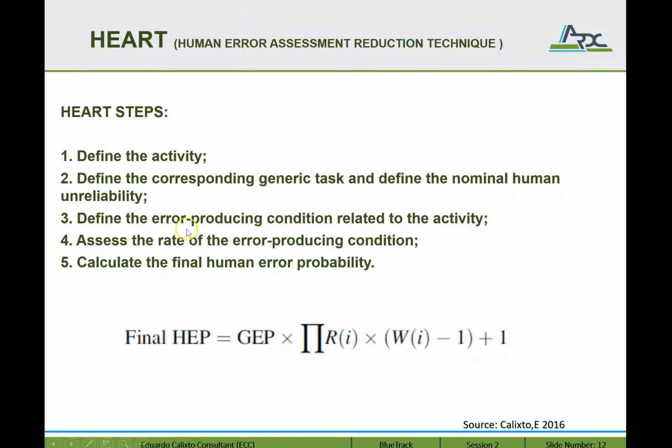After, you need to define the error producing condition related to each activity. Error producing conditions are the performance factors, and then assess the rate of error producing condition based on this formula here, and then with the nominal human reliability we can predict the human error probability.